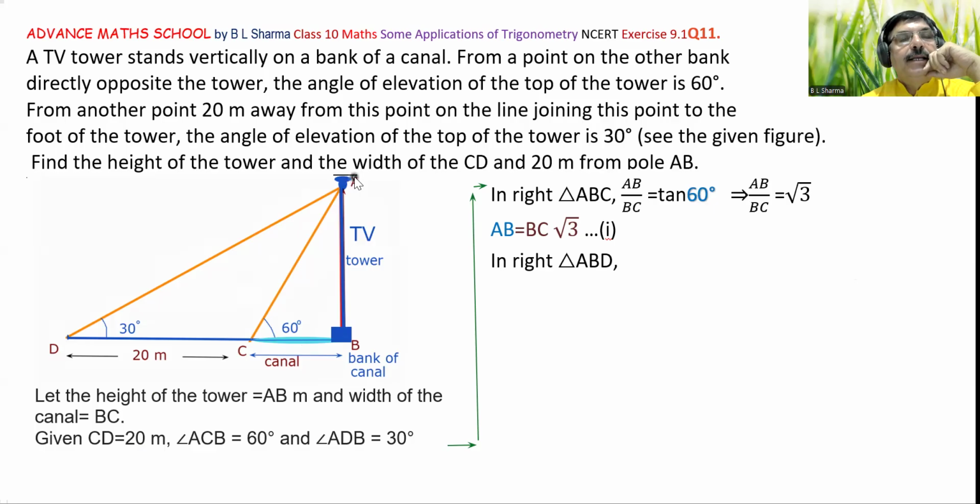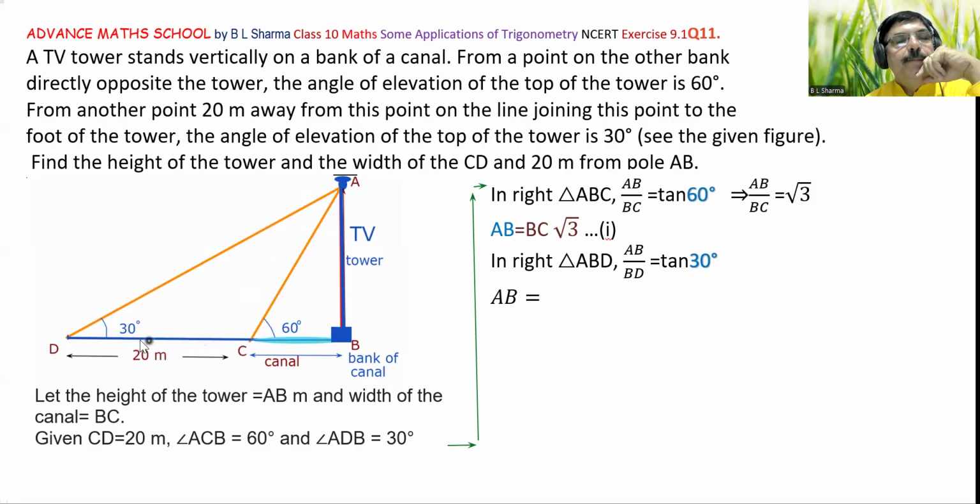Now in right triangle ABD, for this 30-degree angle, AB upon BD is equal to tan 30 degree. AB as it is, but BD means here to here.